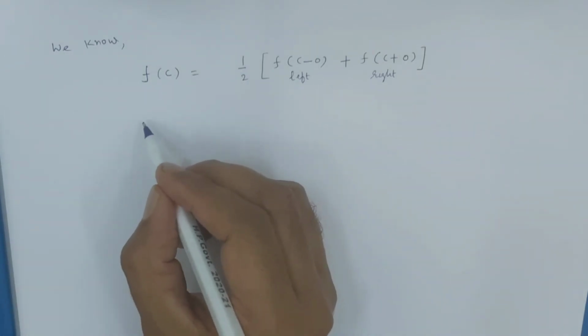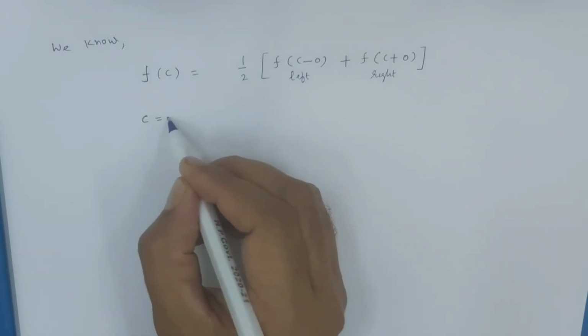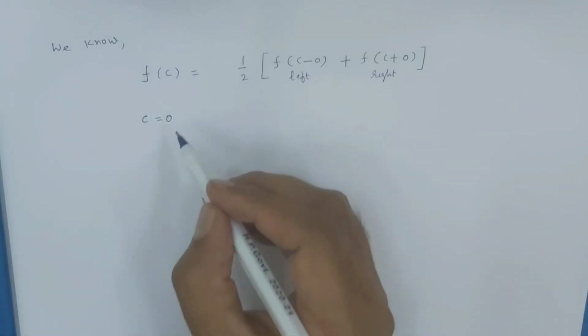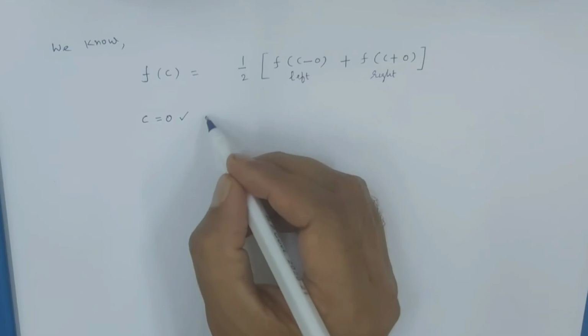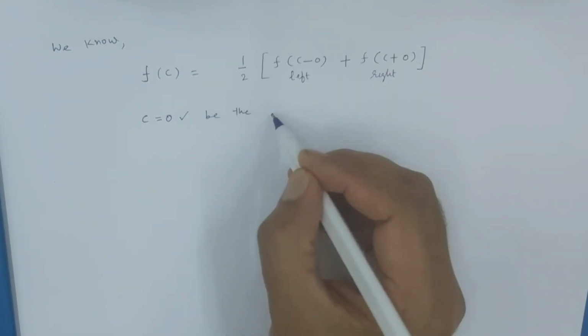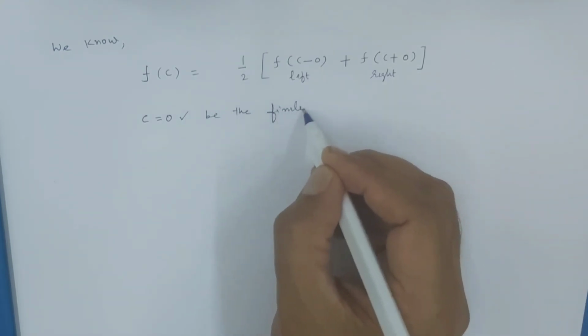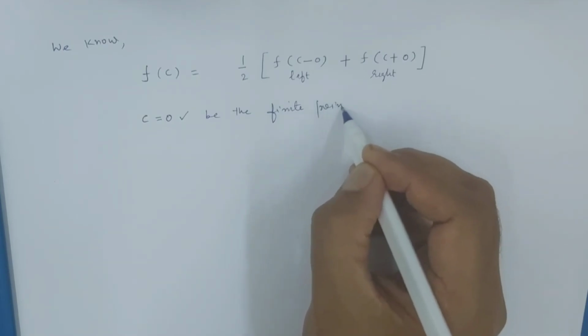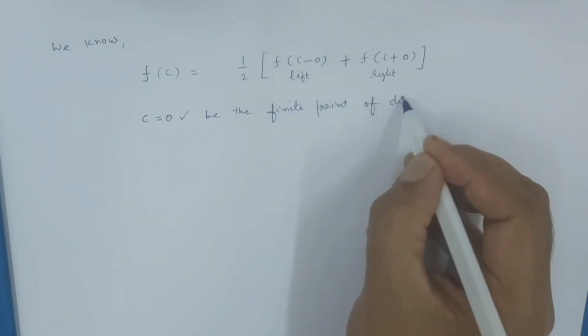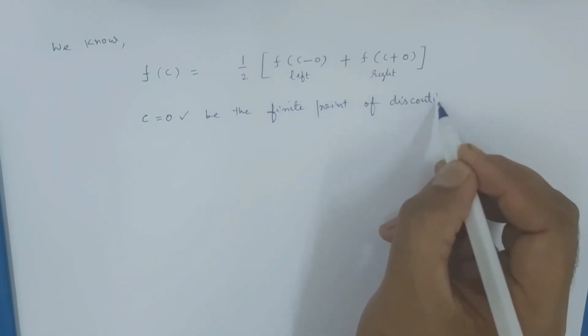But in this question, here c equal to 0 be the finite point of discontinuity.